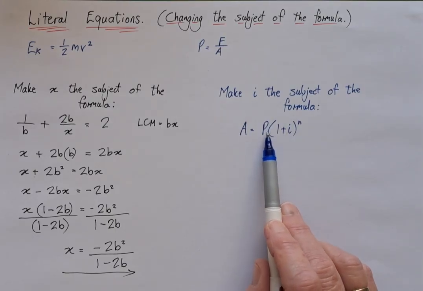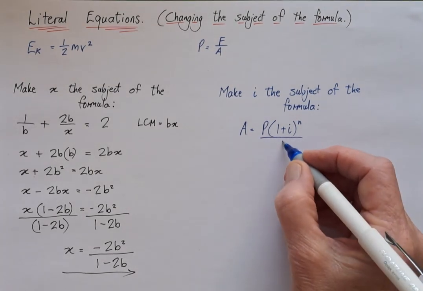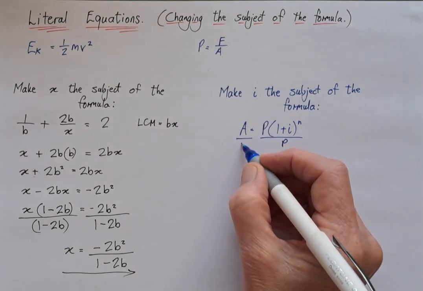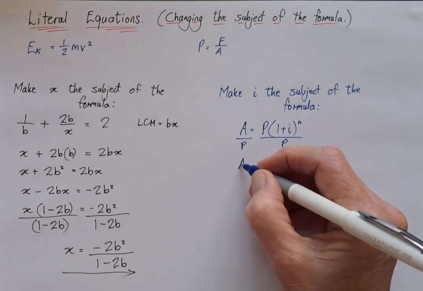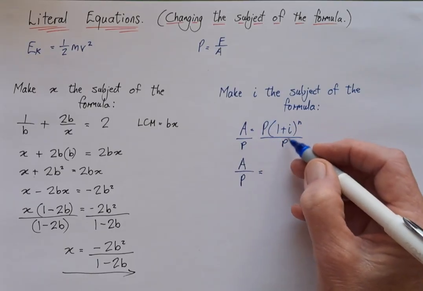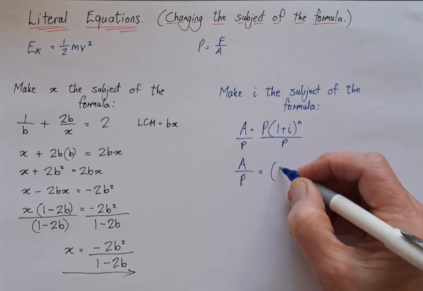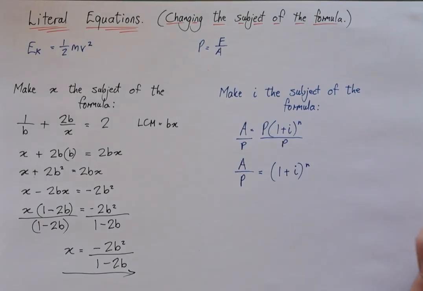So the inverse operation of multiplication is division. If I divide this side by P, I have to divide that side by P, which would then mean my formula becomes A over P is equal to, the P's have cancelled, and I'm left with 1 plus i to the power of n.